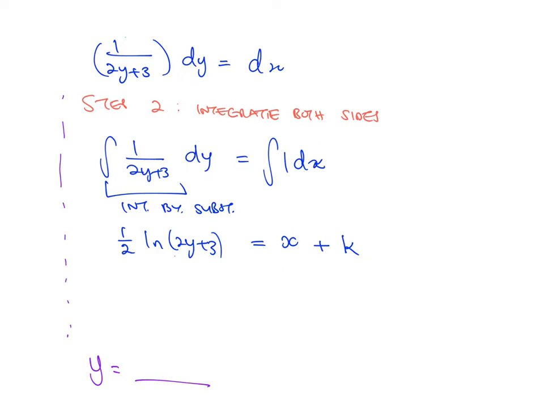Now what's left to do is to figure out how I get from this step such that I'm left with y isolated on its own. And that involves a little bit of algebra. The first thing I can do is take the half over to the other side, and that gives me ln 2y plus 3 is equal to 2x plus k.